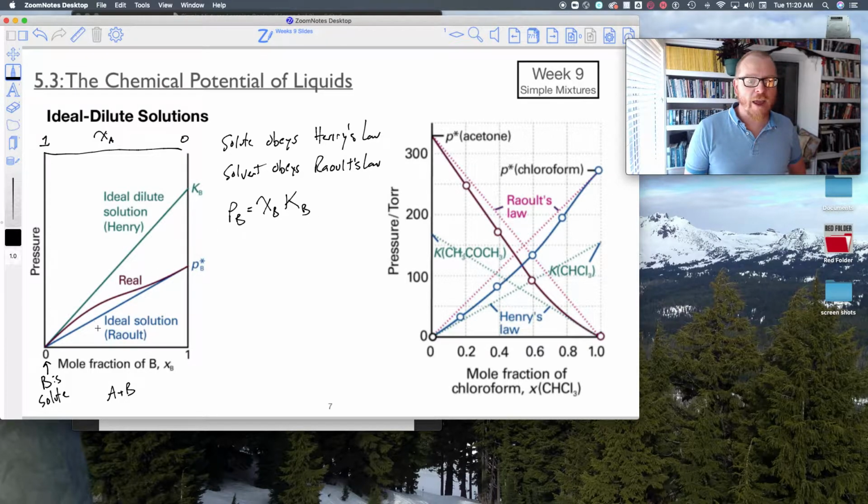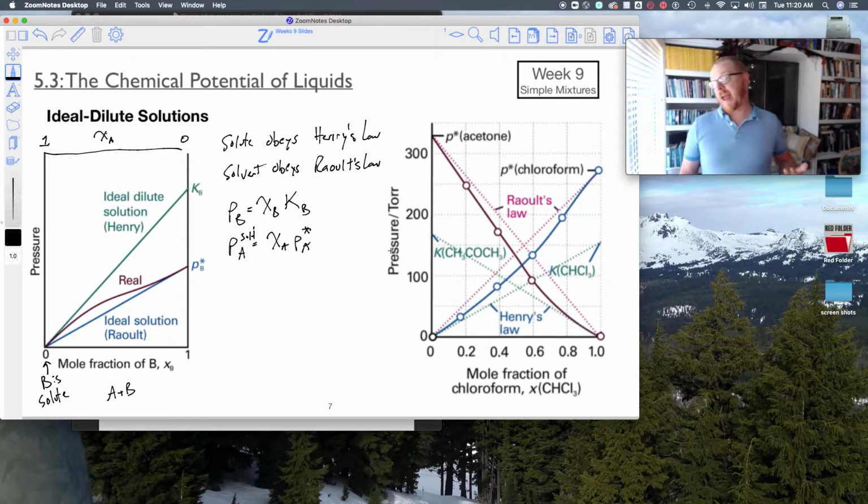But now if we follow this, so this is B as the solute. So now if I look at PA, for example, it will be chi A. Or really I have to say the solution. So the vapor pressure of A in the solution is going to be chi A times the pure vapor pressure of A. Okay?